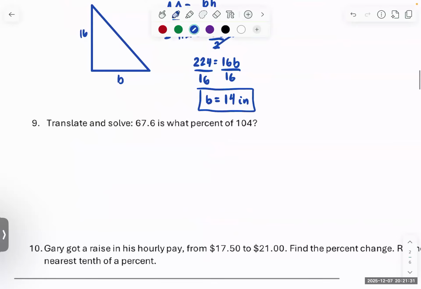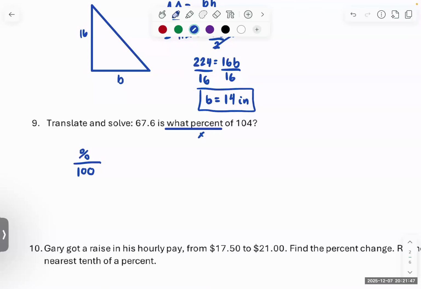Translate and solve. 67.6 is what percent of 104? So the what percent indicates that's my x. That's what I'm looking for. And remember, percents are fractions over 100 that are equivalent to a part of a whole or a part of a total.